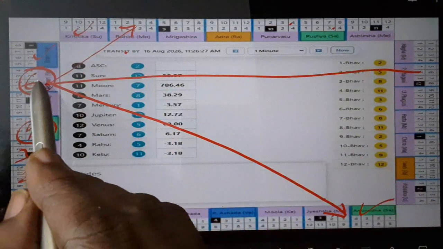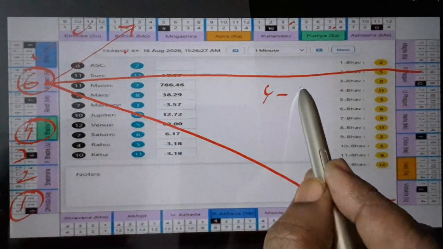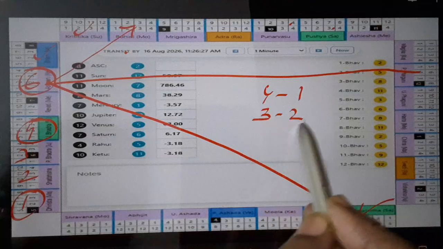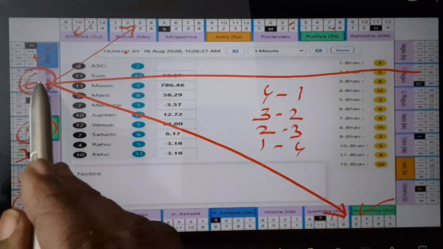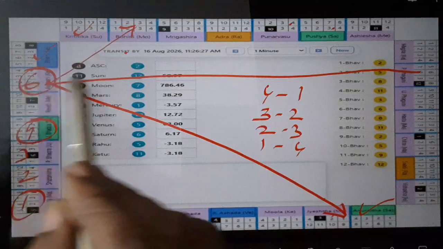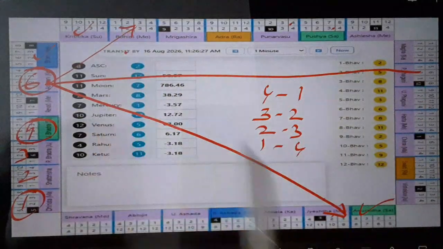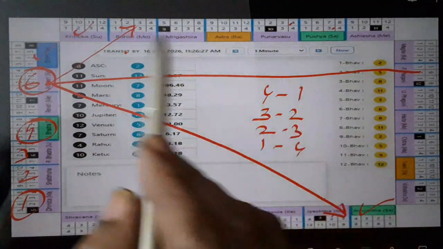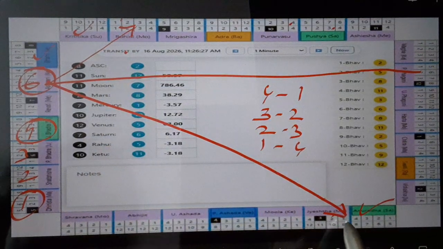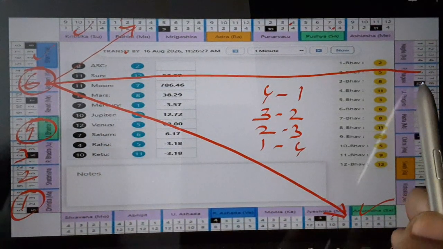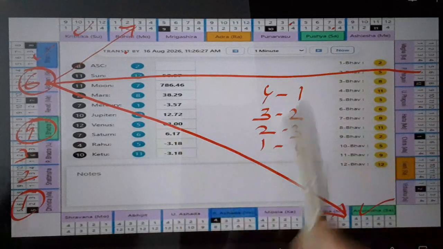And again the formula of 4 to 1, 3 to 2, 2 to 3 and 1 to 4 applies. If it is in the third pada, then it will keep on hitting the second here, and once the second is triggered, automatically 2 will be here, and here it is 2 10, and here it will be 2 6. This is how it is.